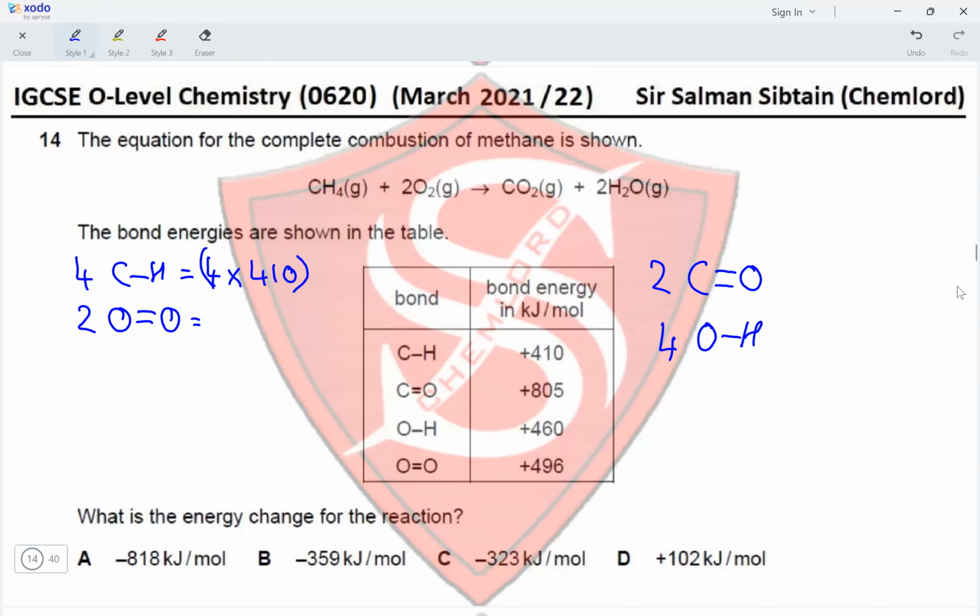And for O2, it would be 2 multiplied by 496. For the products, it would be 2 multiplied by 805. And for the OH group, it would be 4 multiplied by 460.